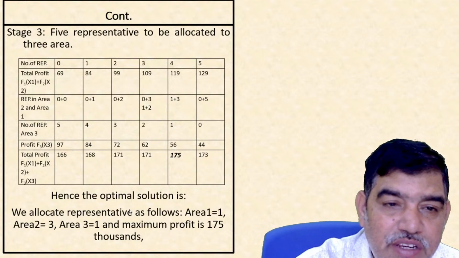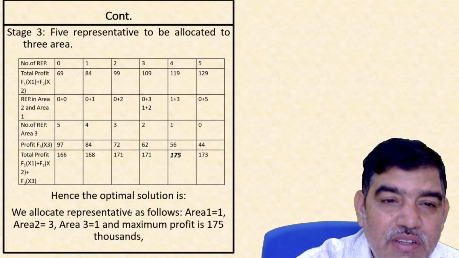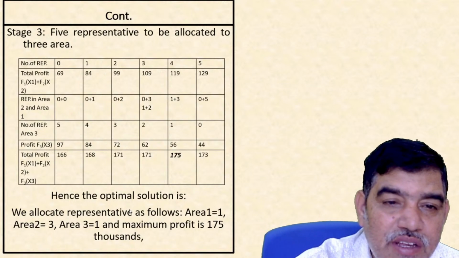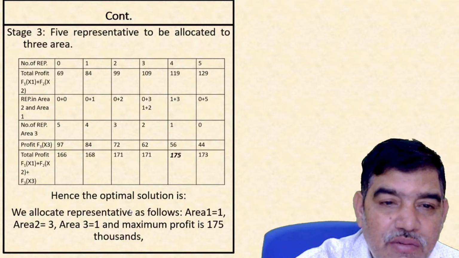So 0 representatives in area 2 and 3 representatives working in area 1. That is 3 representatives total. What is the profit? 109. Similarly, 1 representative is working in area 2 and 2 representatives are working in area 1.